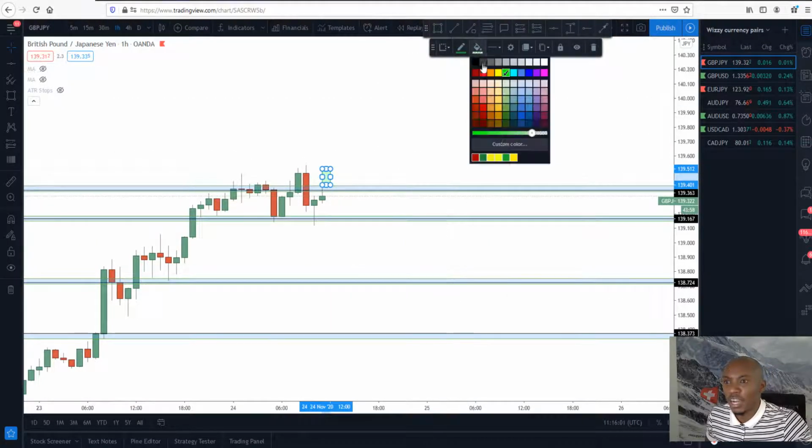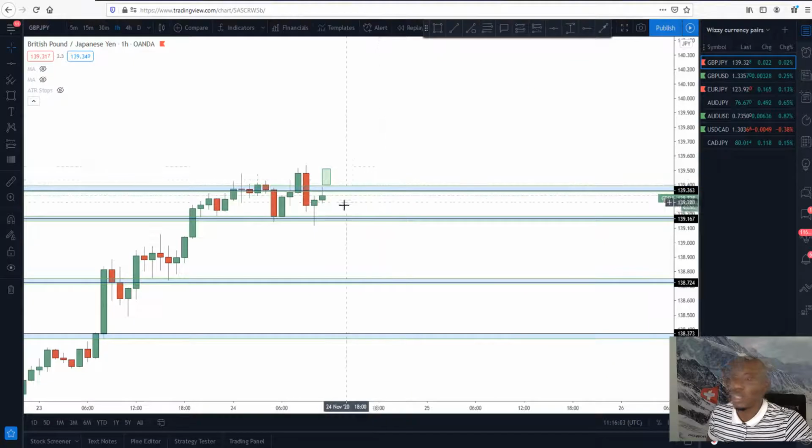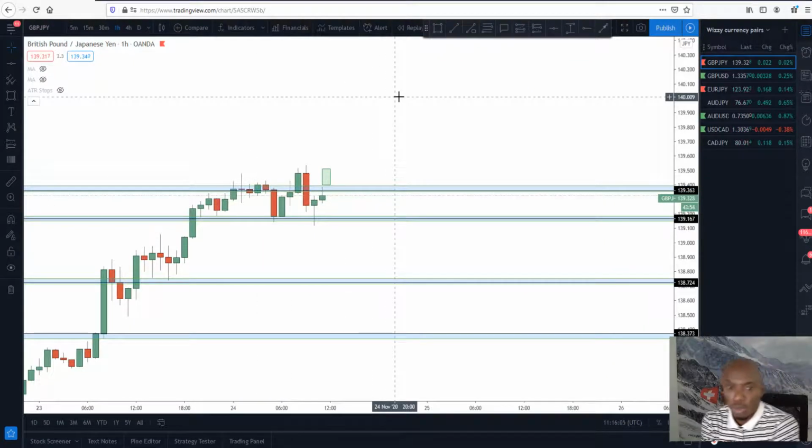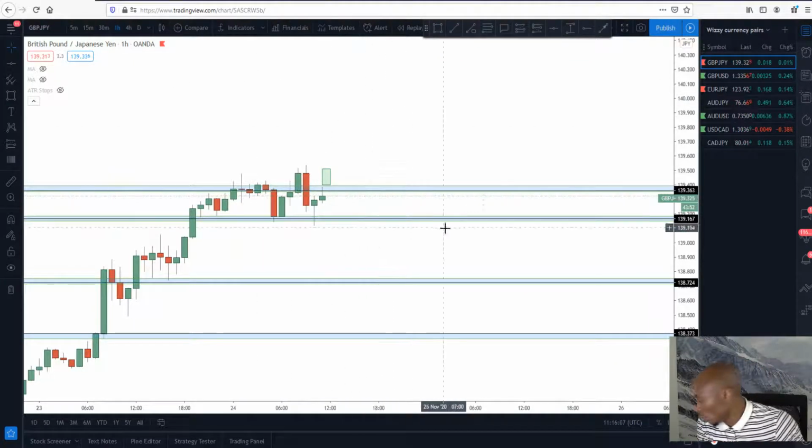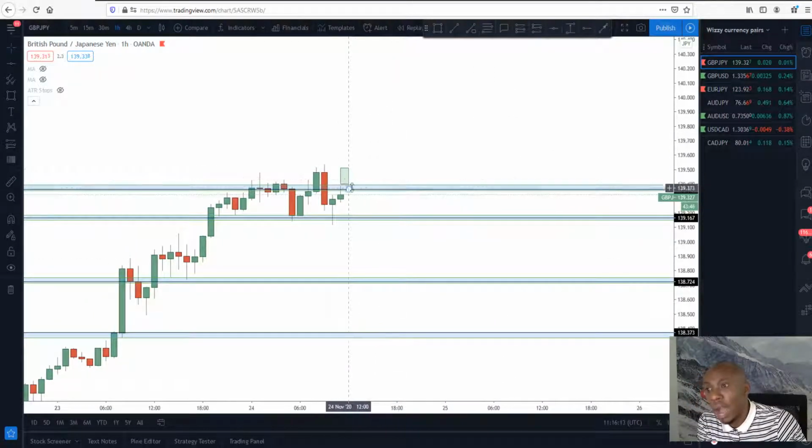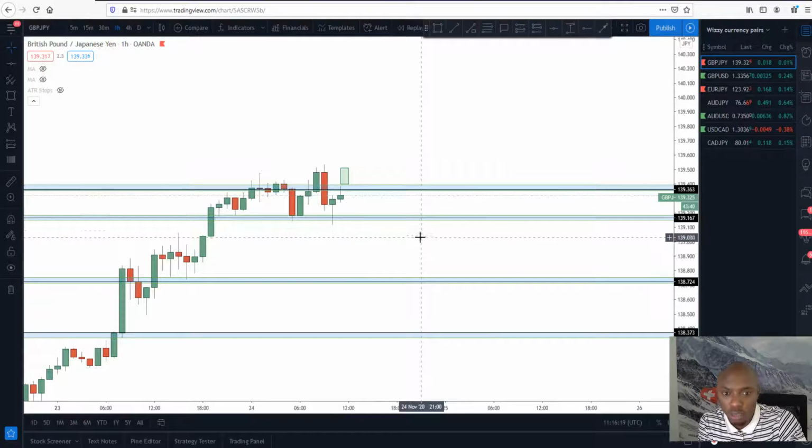Dark green will be fine. So it will make me good. Yeah, it's fine. This one is good. So if this candle closes, which is this current hour, which will close by 2 o'clock Riga time, if it closes above this resistance level, you know what I will do? I will not be scared to take the buy again, to give it a second try.